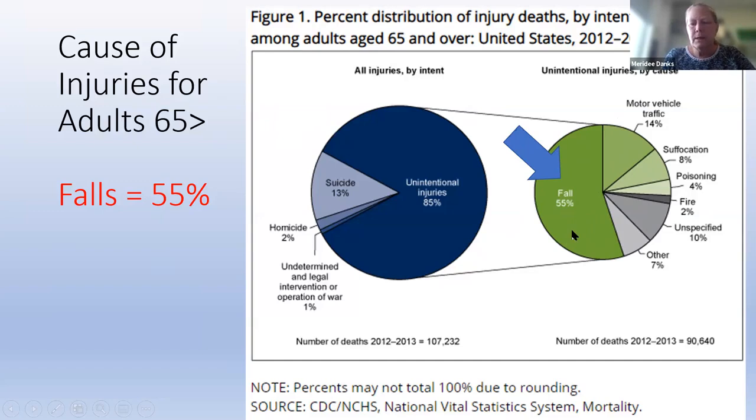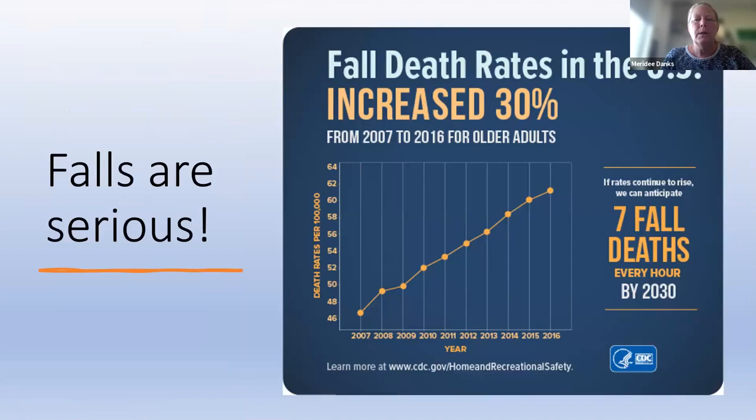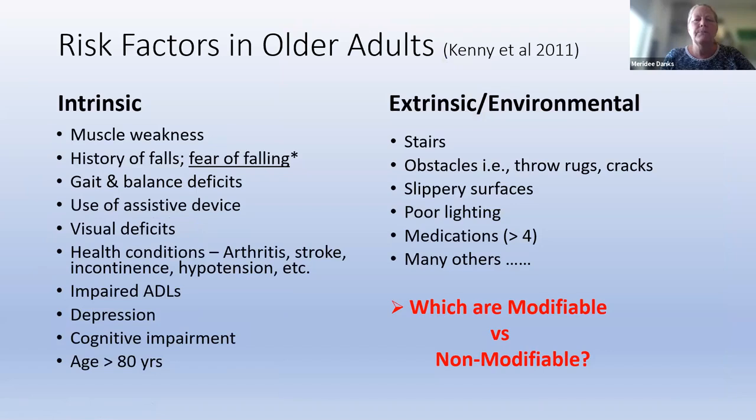So again, very serious, needing to take a better look at how we can prevent this number from rising. Fall deaths have increased 30% from 2007 to 2016. So that makes it about 7 fall deaths every hour by 2030 if we continue to let this rise.